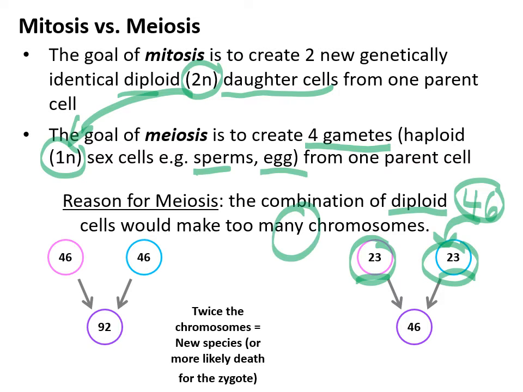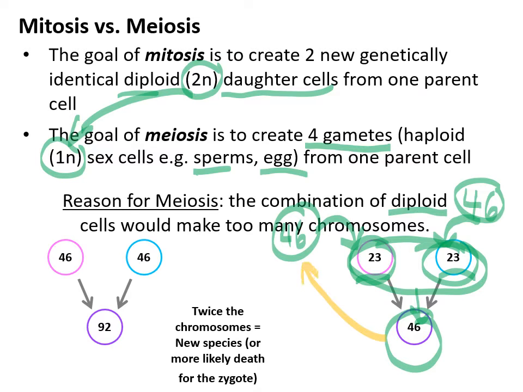And then another individual with 46 chromosomes would produce cells that also have been halved in terms of their genetic information. So when those two cells came together, they create an individual that has the same number of chromosomes, same amount of genetic information as the previous generation. So the production of these haploid cells is what meiosis is all about.